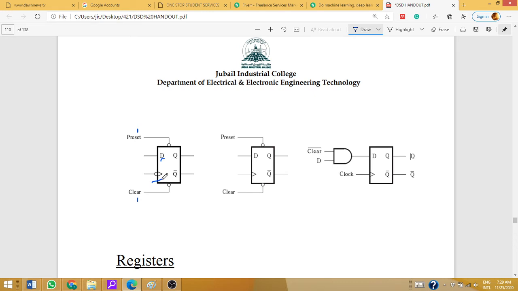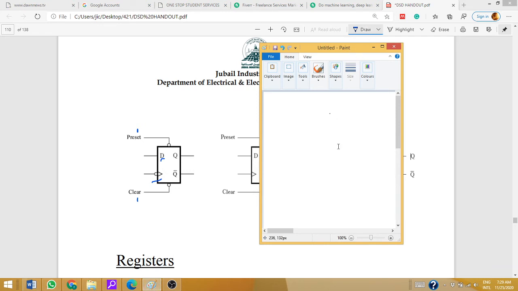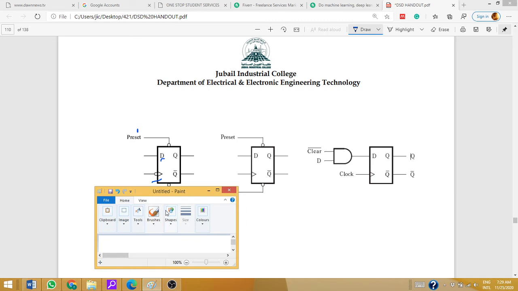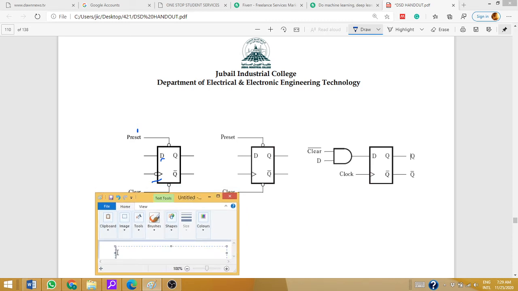It is a negative edge trigger D flip-flop. What is the name of this flip-flop? The name of this flip-flop is negative edge trigger flip-flop with active low preset and clear.